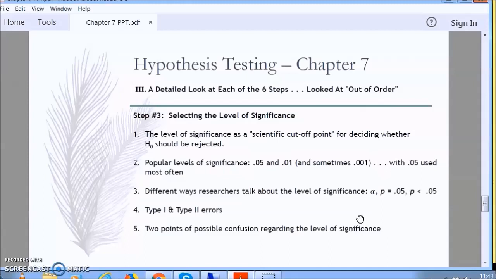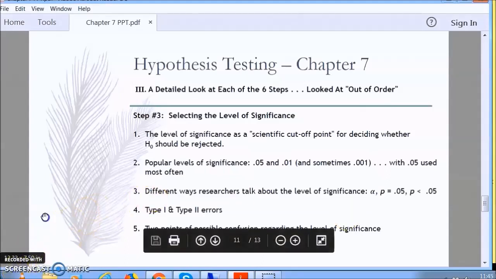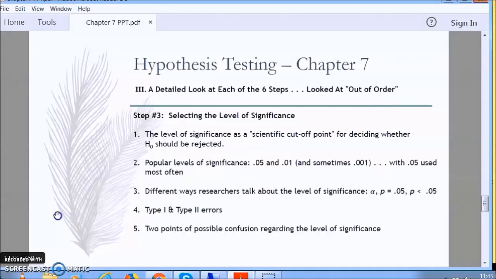The type 1 error is more dangerous than the type 2 error. That is very important to note. The reason is that you do not want to reject the null hypothesis when it is actually true.